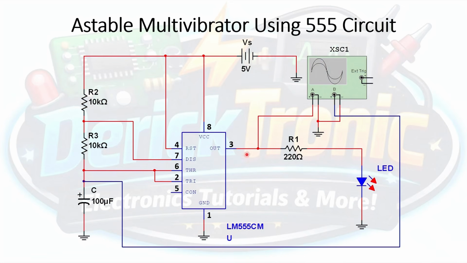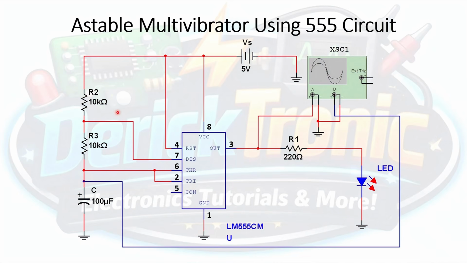The output, which is pin 3 of the 555 timer, will be connected to a 220 ohm resistor, R1. That resistor, which serves as a current limiting resistor, is connected to the anode of our red LED, with the cathode of that same LED connected to ground.